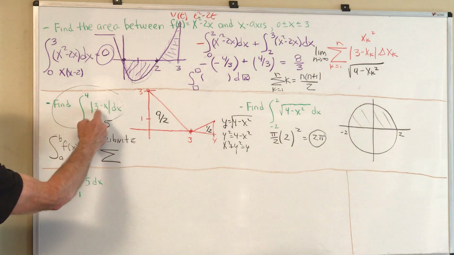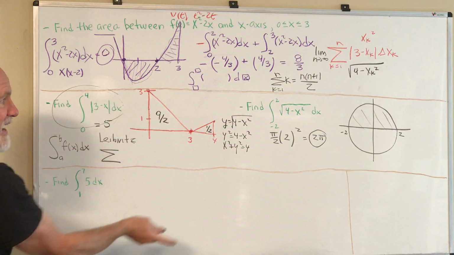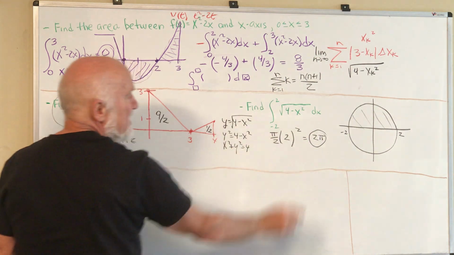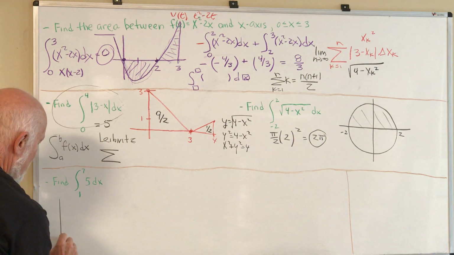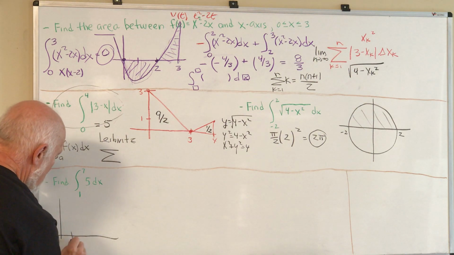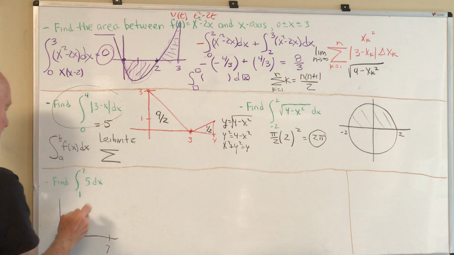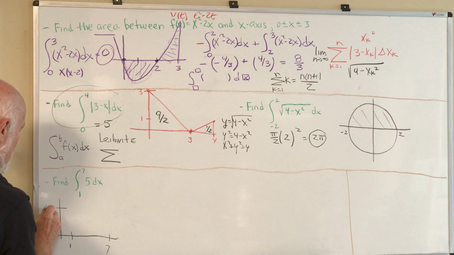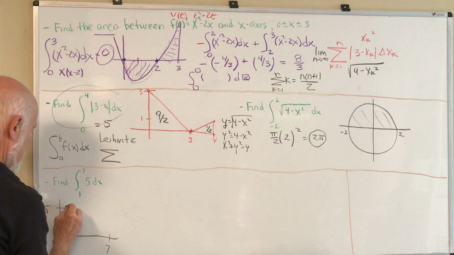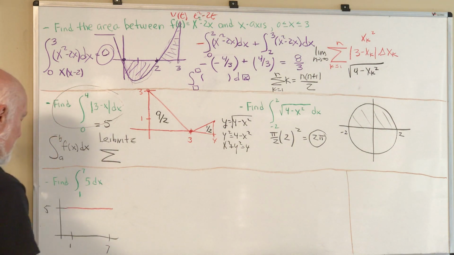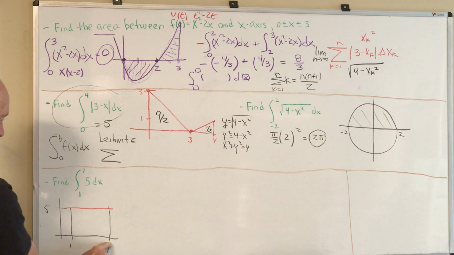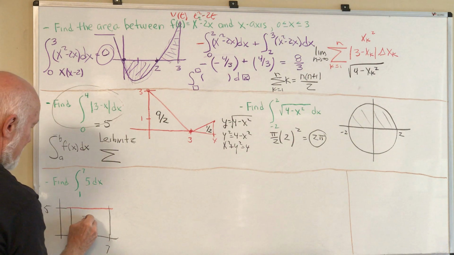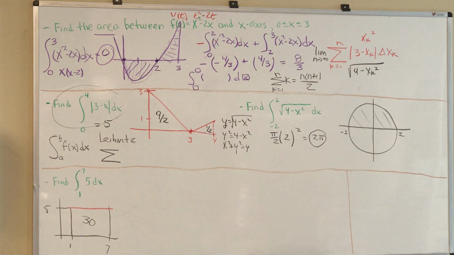We could do absolute value, straight lines, circles and semicircles, but most functions we can't. But this is just a horizontal line. So you're just going from 1 to 7, and the function is always just 5. So what is the signed area in there? This is 6, this is 5. The answer should turn out to be 30.